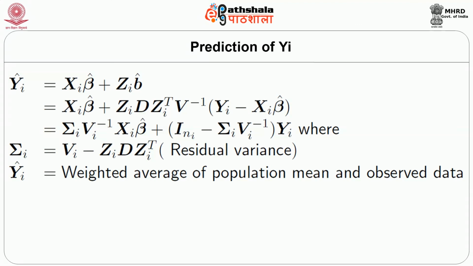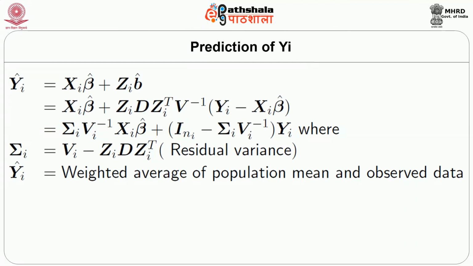Now, putting in the best linear unbiased predictor for b hat, we get X_i beta hat plus Z_i D Z_i transpose V_i inverse (y_i minus X_i beta hat), and then on some simple algebraic manipulation, we come to the form y_i hat equals sigma_i V_i inverse X_i beta hat plus (I_ni minus sigma_i V_i inverse) y_i, where sigma_i is nothing but the residual variance, which is V_i minus Z_i D Z_i transpose.